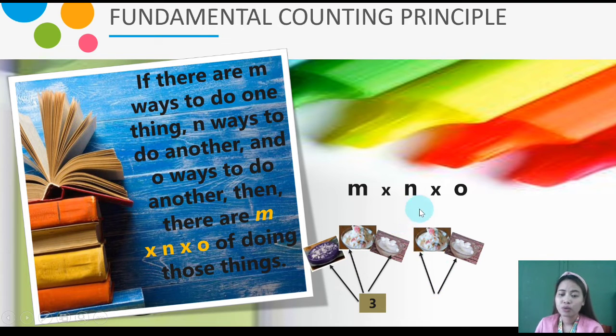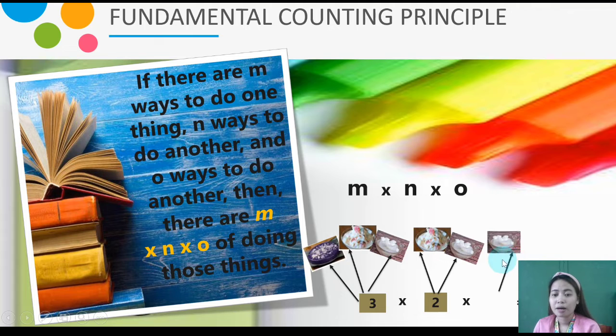So we denote it as two. Then, if in the second choice we chose buko salad, the remaining delicacy is makapuno, denoted as 1. If we write this in figures, it becomes 3 times 2 times 1, which results in 6 possible ways, the same as the answer of the tree diagram and systematic listing method.